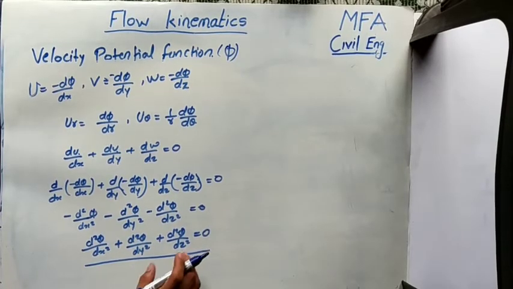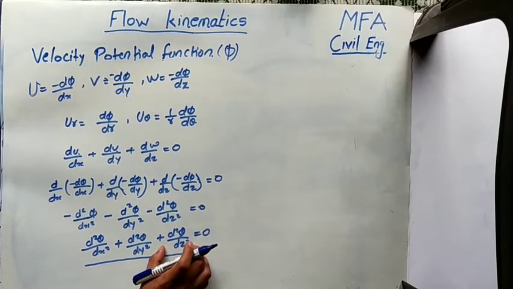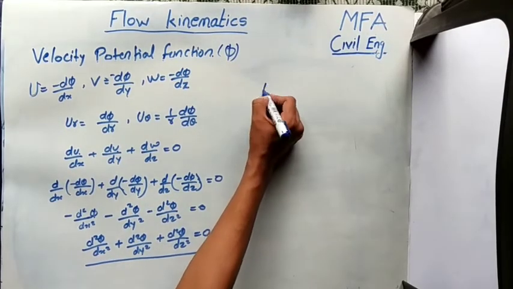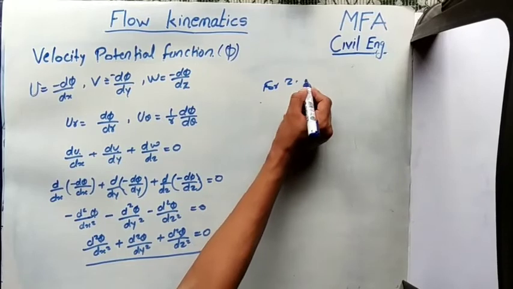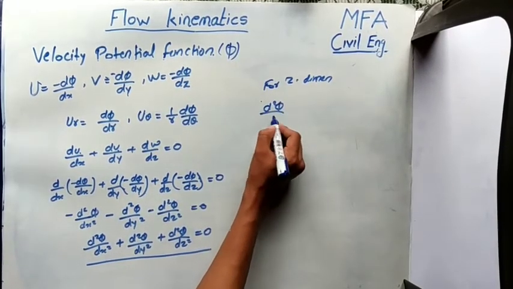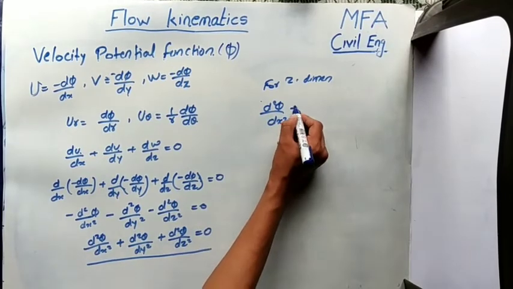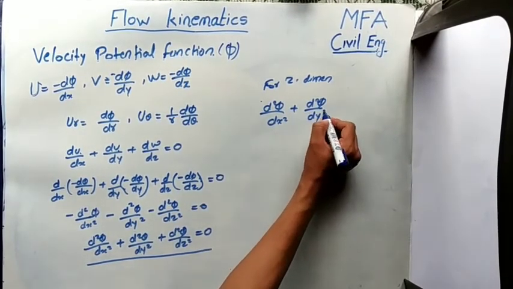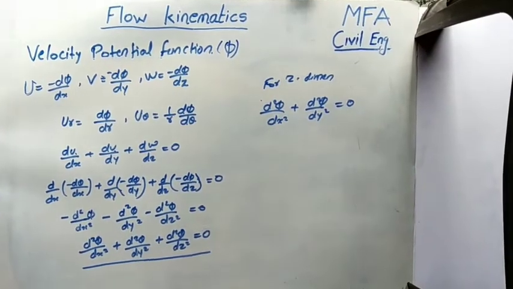For a two-dimensional flow, the third component in the z direction is equal to 0. Now this equation becomes, for two-dimensional flow, d2 phi by dx square plus d2 phi by dy square, which is equal to 0.